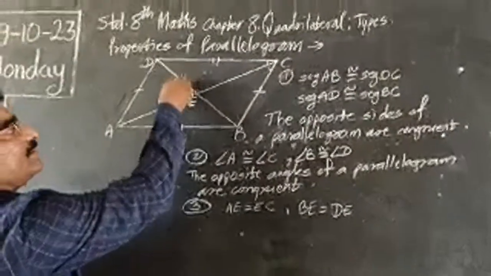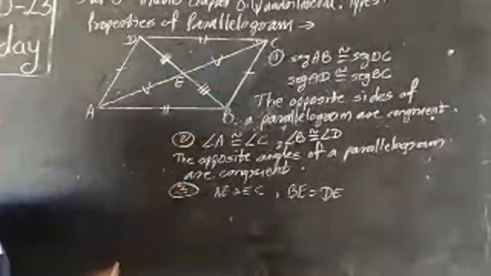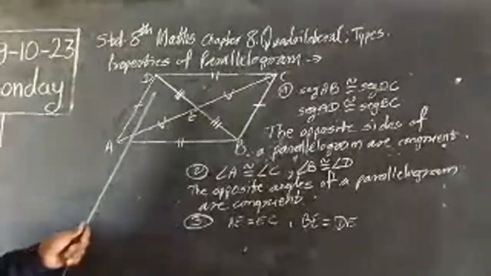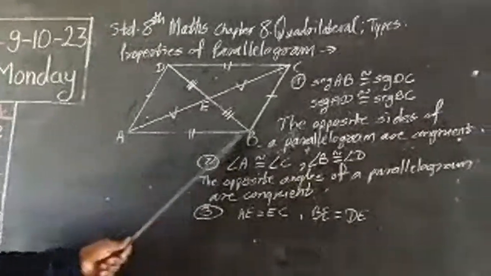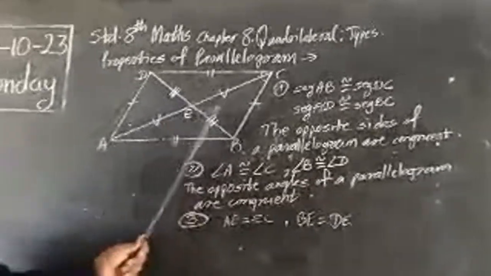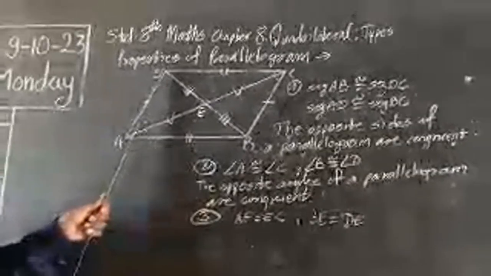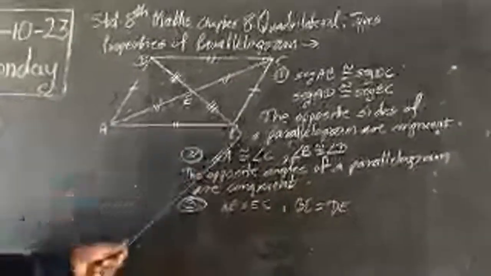These parts are similar, which means the first diagonal makes two equal parts of the second diagonal, and the second diagonal makes equal parts of the first diagonal.